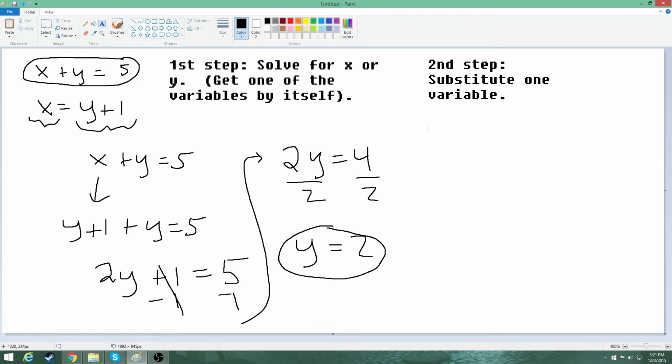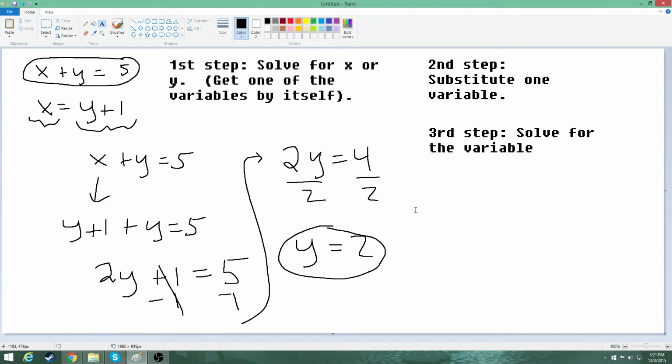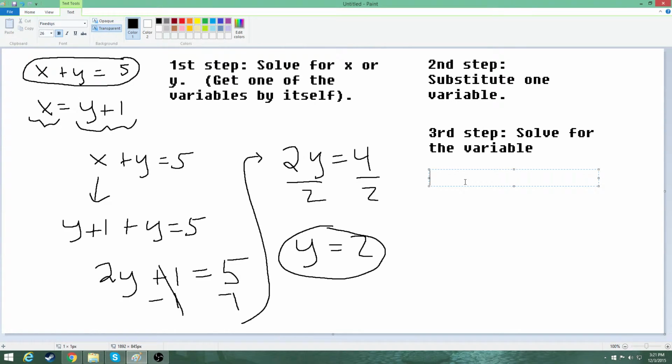So that means step 3. The third step is to solve for the variable. So what we did is we solved for one of the variables. And from here we are going to do step 4.